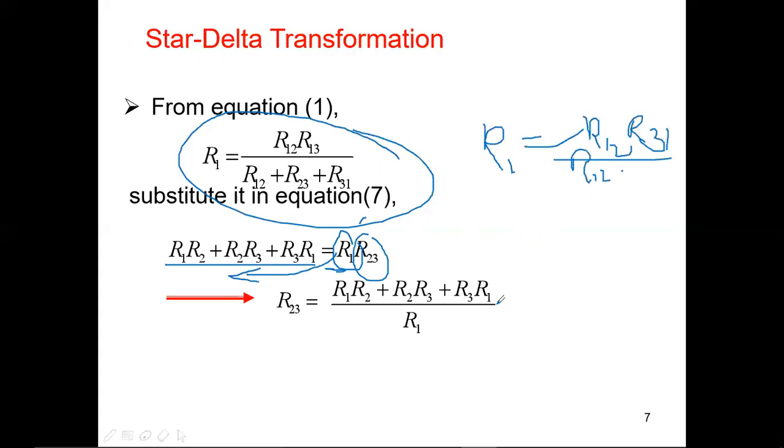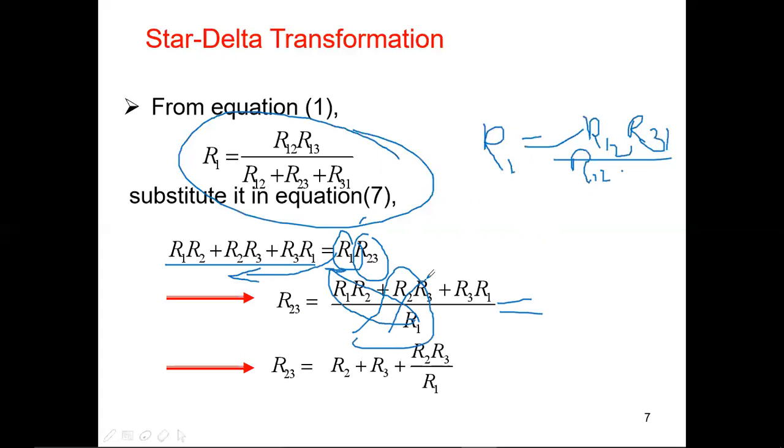Then I can summarize this equation like this, dividing with this product. Then R1 gets cancelled, R2 comes into the picture, R1 and R1 get cancelled, R3 comes into the picture, then R23 by R1. This is the only term for converting from star to delta. Finally, from the left side, my unknown parameter came into the picture. So this is the finding of R23.